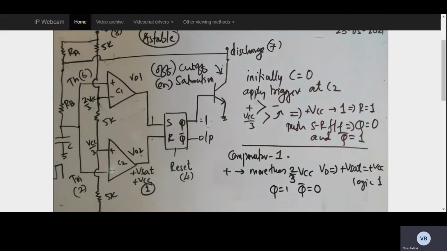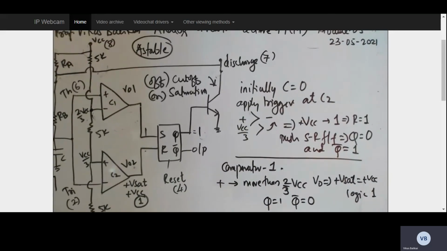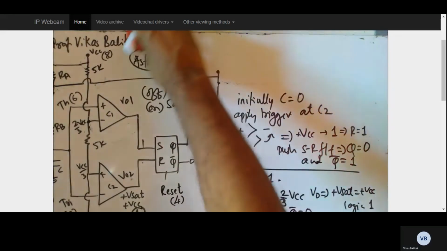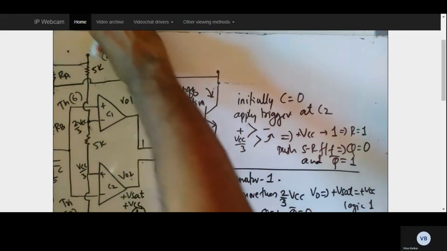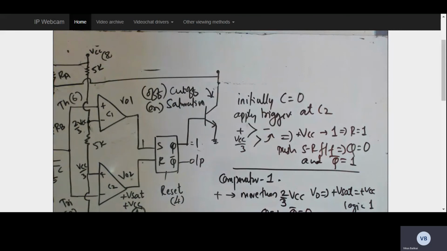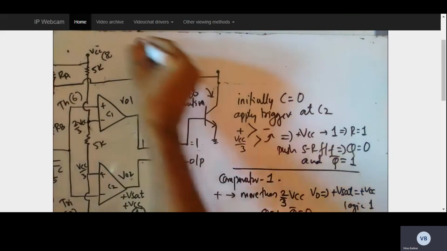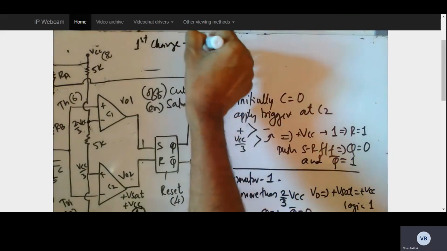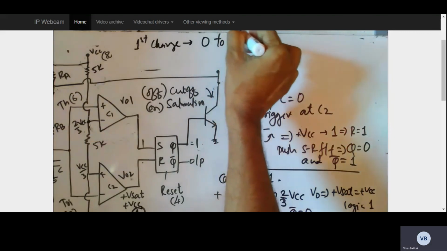Now, let me try to draw the waveforms of this entire charging and discharging process. Let me draw the waveform here, in the topmost portion. Let me just rub this out. Now here one thing to remember is the duration for which the first charging occurs. The first charging occurs from 0 to 2 by 3 VCC.